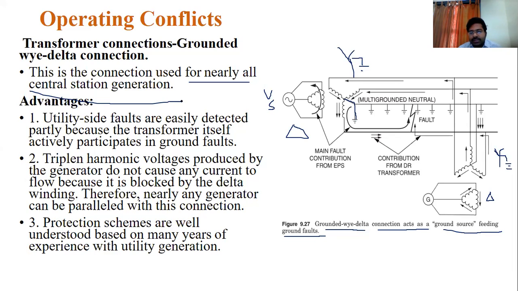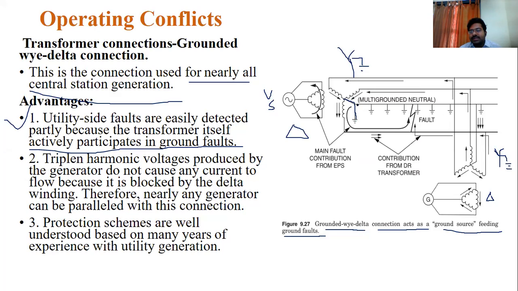Whenever you are connecting this neutral to ground, single line to ground faults and other things are going to be reduced in the system feeder, as well as the distribution feeder. So what are some advantages of this method? On the utility side, faults are easily detected because the transformer itself actually participates in the ground faults. The utility side means this secondary side.